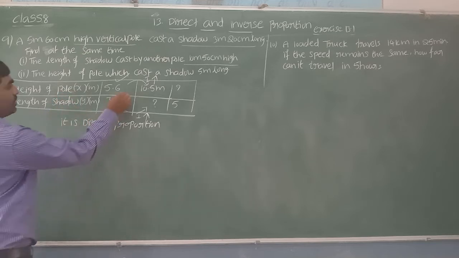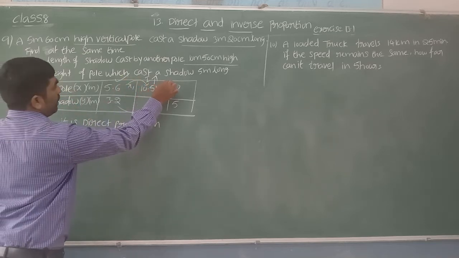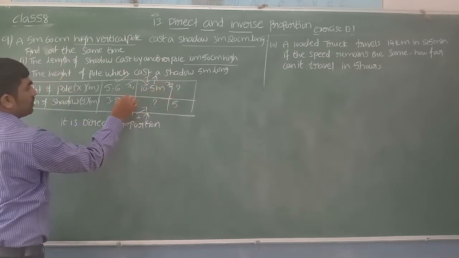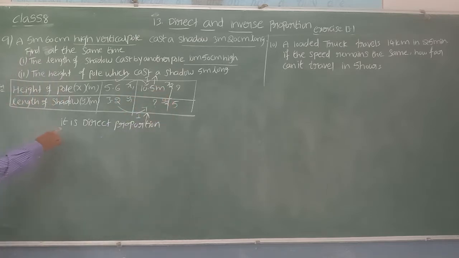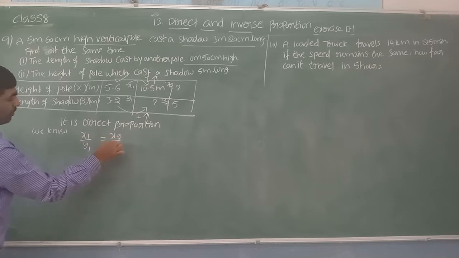The corresponding values of x we take as x1, x2, and the corresponding values of y as y1, y2. When they are in direct proportion, the ratio of their corresponding values remains constant. So we can write x1 by y1 is equal to x2 by y2.